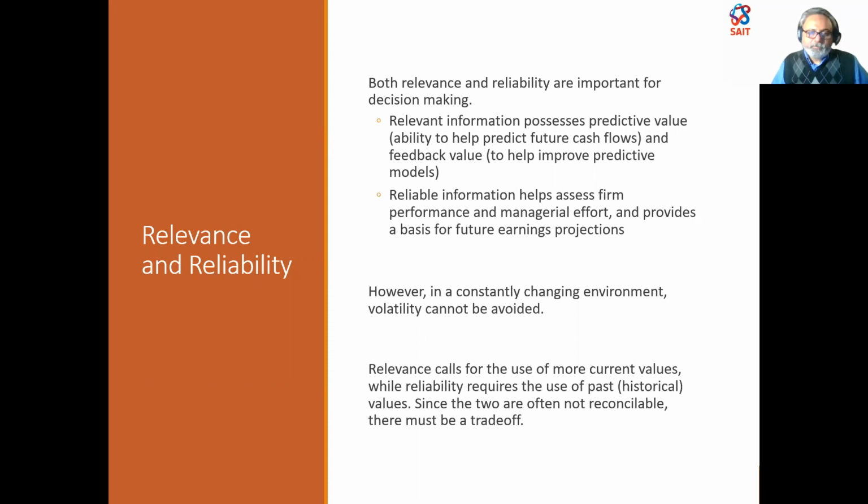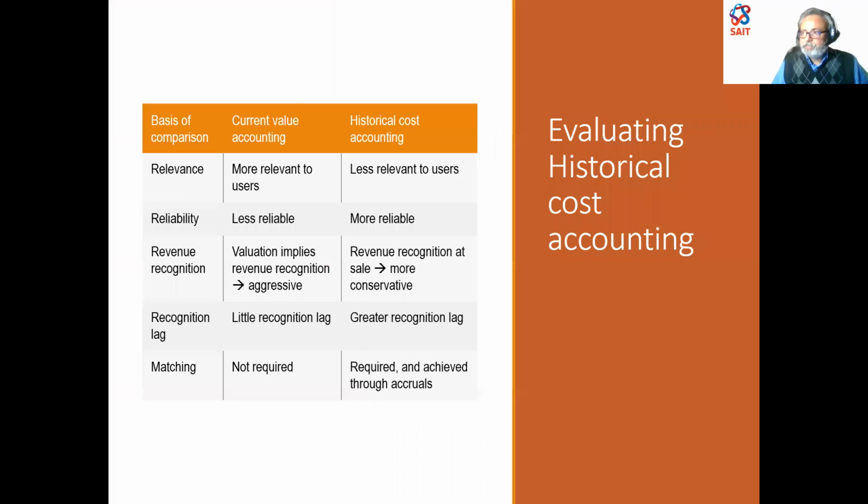Now, current value numbers are definitely more relevant, but they are definitely affected by errors of estimation. So they tend to be less reliable. And so that's sort of a constant tussle.